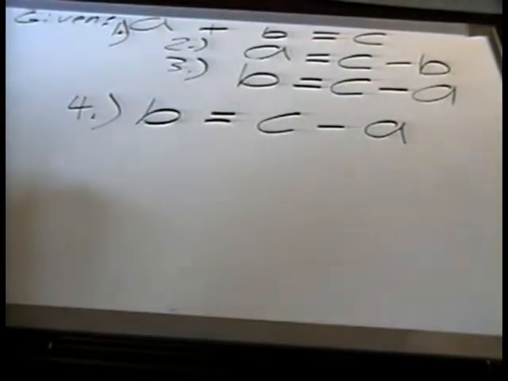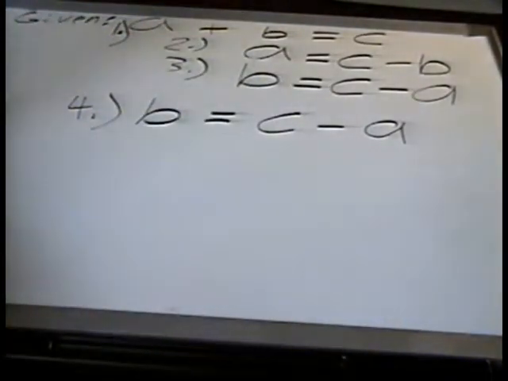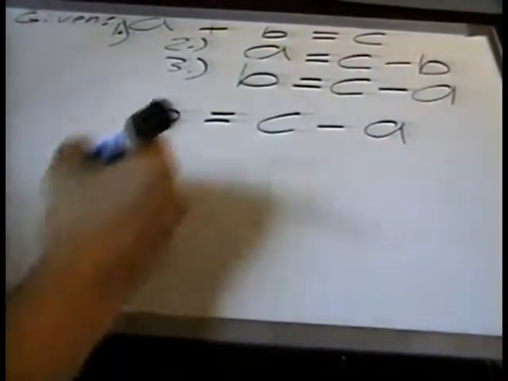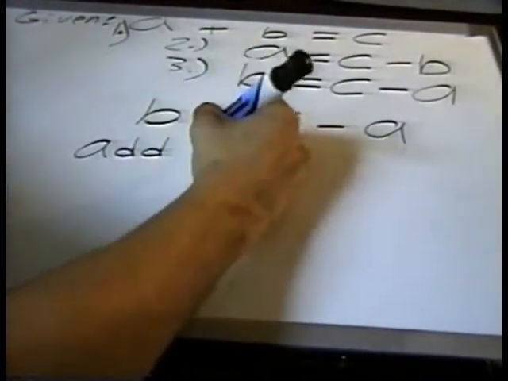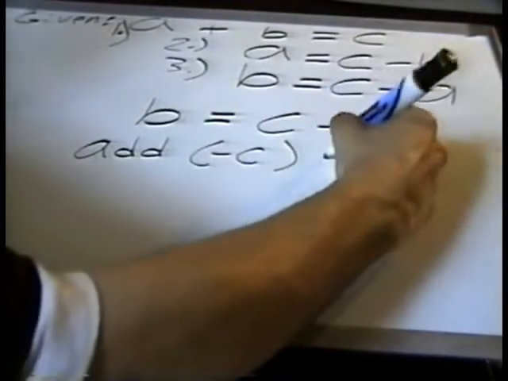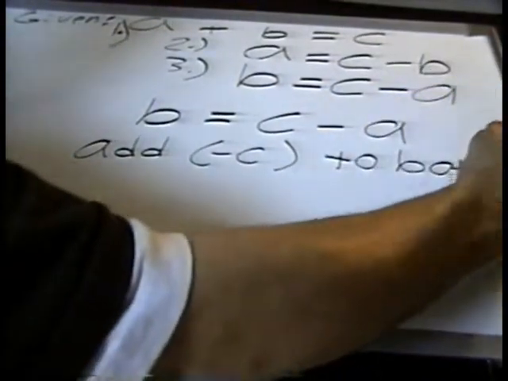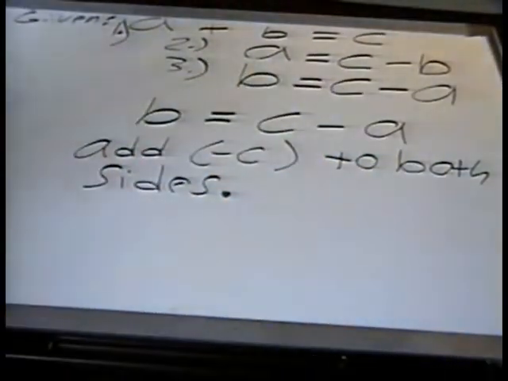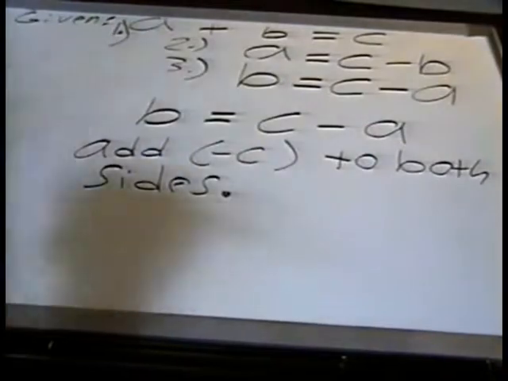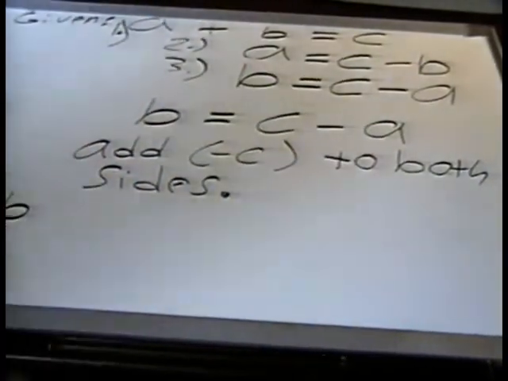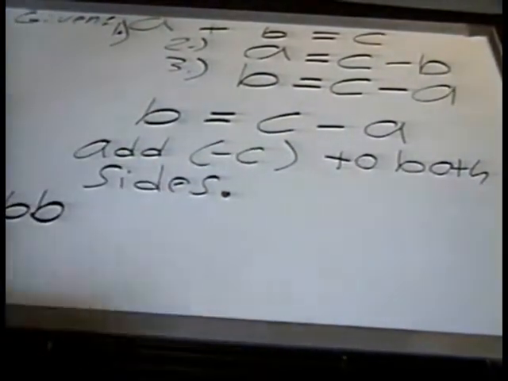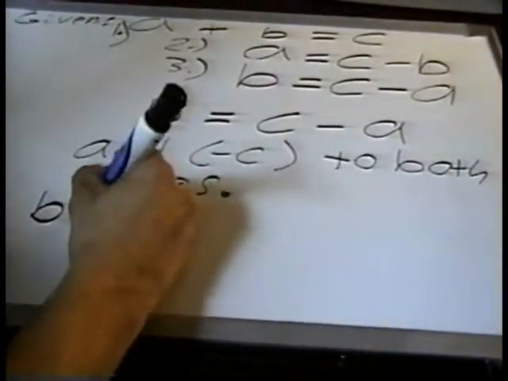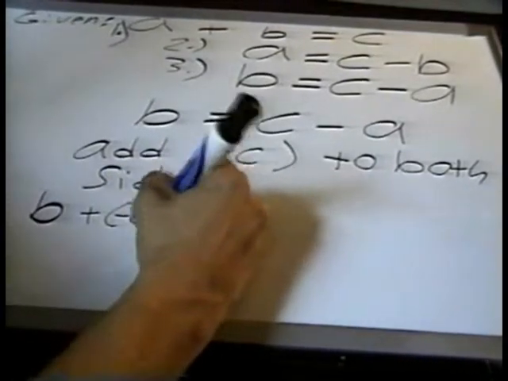But if we move it to the right side, such as we have A equals C minus B, when we put B on the opposite side of the equation, on the right side, it's negative. And it's likewise for A. Do the same thing with A.